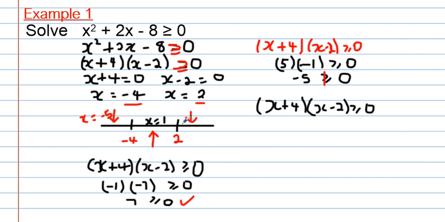Any number greater than 2, if I choose 3, so 3 plus 4 is 7, and 3 minus 2 will give us 1. Our answer will be 7 times 1, which is more than or equal to 0.